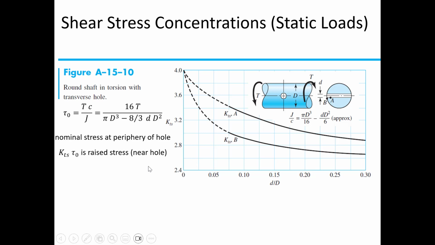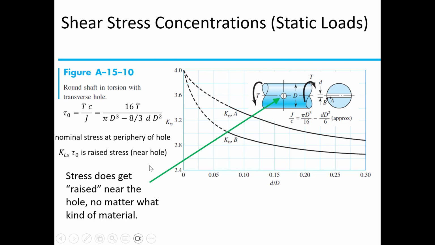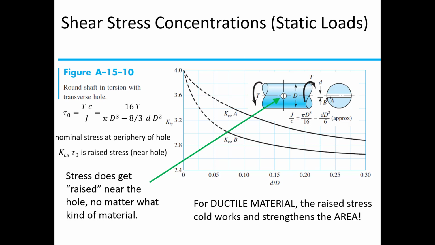So that's why there's a difference. And again, it doesn't matter whether it's ductile or brittle, the stress is raised near that hole no matter what kind of material. For ductile material, the raised stress does cold work it and strengthens that area. So we're going to treat this about the same as we did for the normal stress.